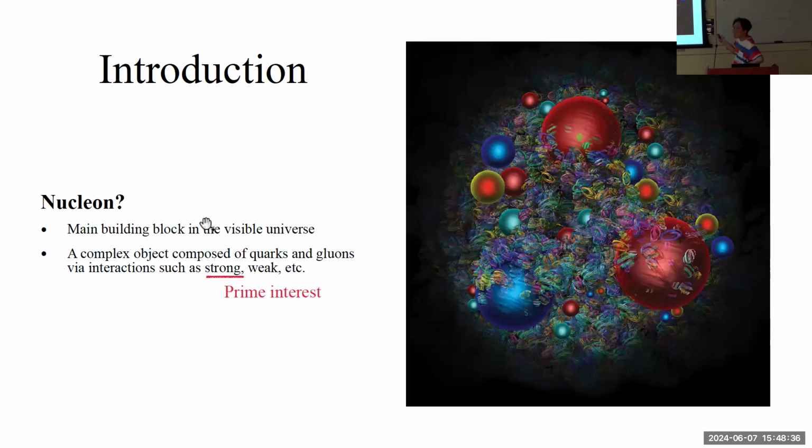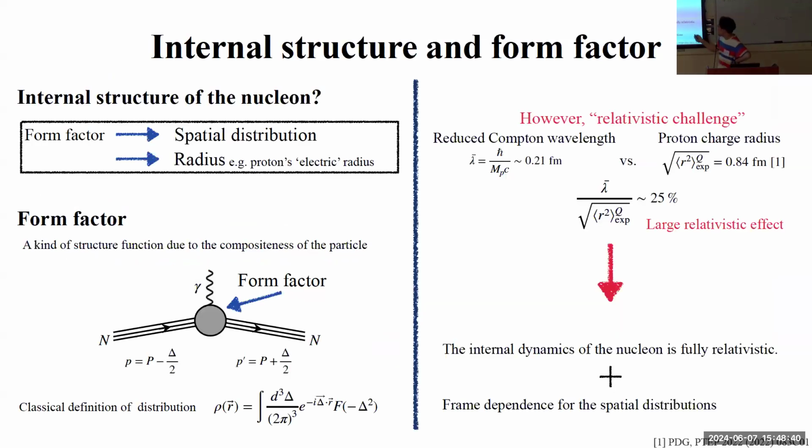Of course, it is not a real photo. In the present work, we use form factors in order to study the internal structure of the nucleon. Form factors give information on spatial distribution and its radius, such as the proton charge radius.